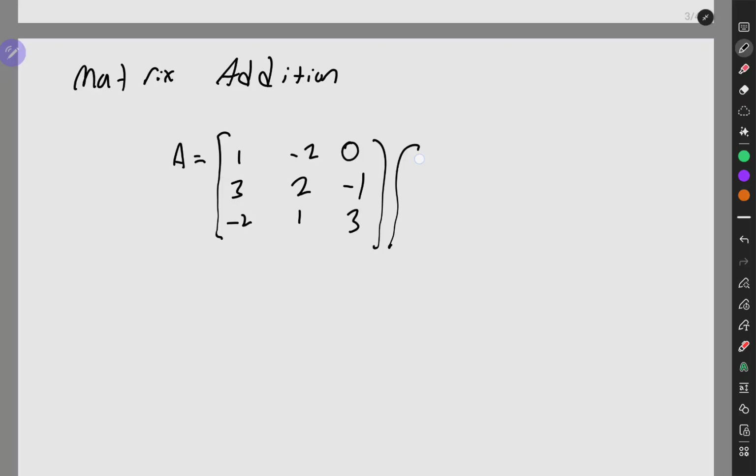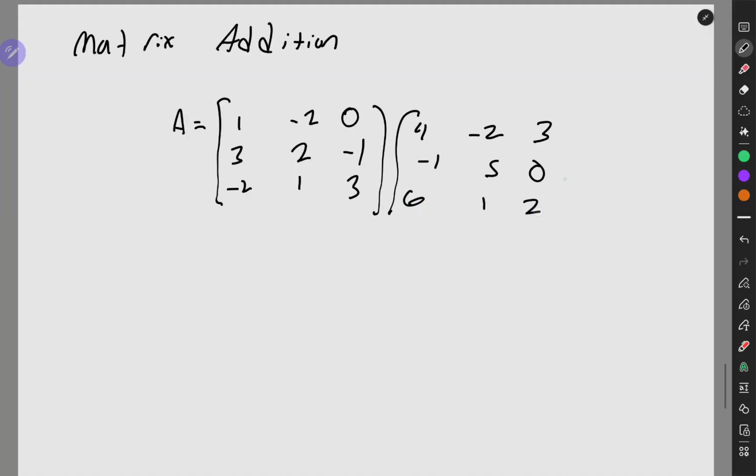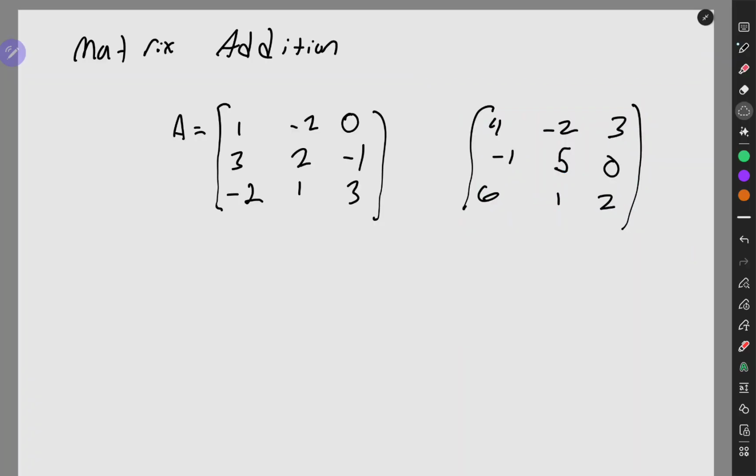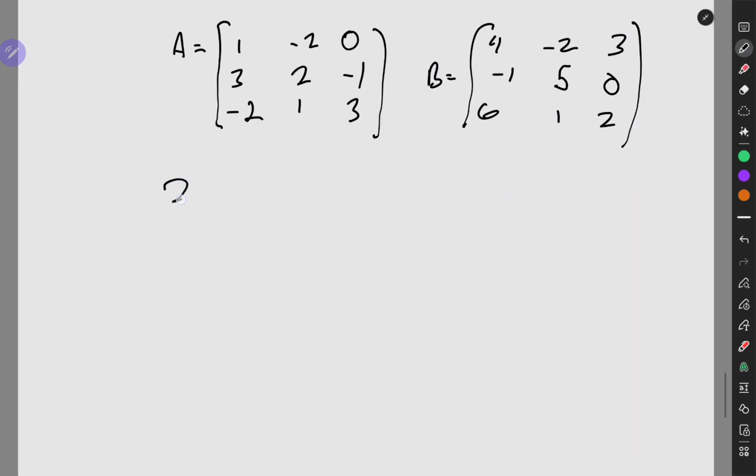B is 3 times 4, negative 2, 3, negative 1, 5, 0, 6, 1, 2. Sorry if you can't read my handwriting. That's a 5. This is a 2. Sorry, this is supposed to be B, not multiplied yet. Okay, let's say we want to find out what 2A plus B is.